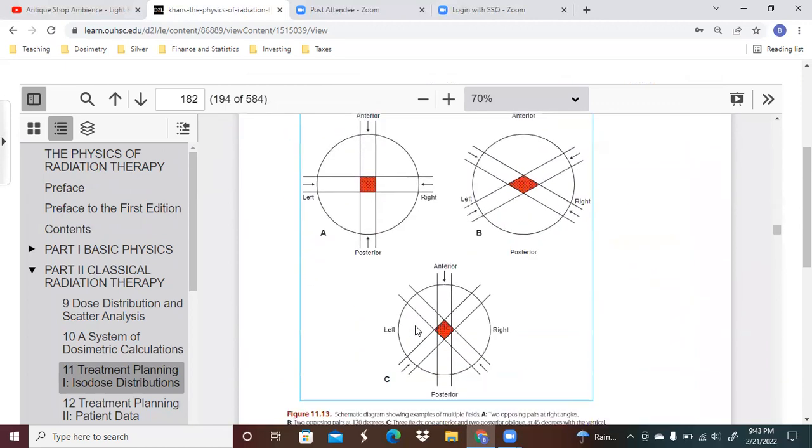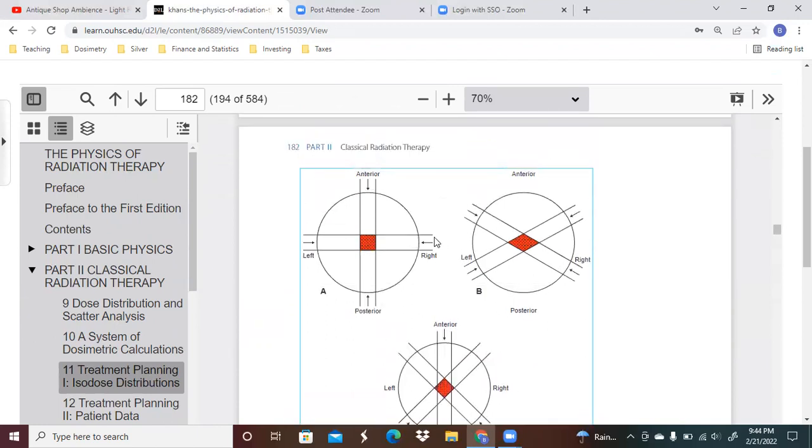Number of fields, you're going to find out here that the more fields that you add to something, the more you can concentrate and sculpt the dose up at a particular volume that's deep in, up to a point. And then a lot of times if you try to continue to add more beams, then it can become a mess if you're not careful. These are the different types of dose distributions.